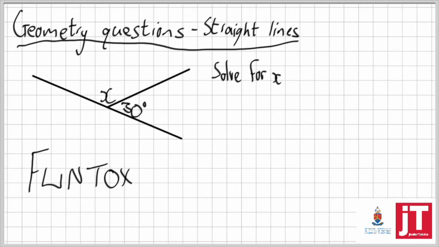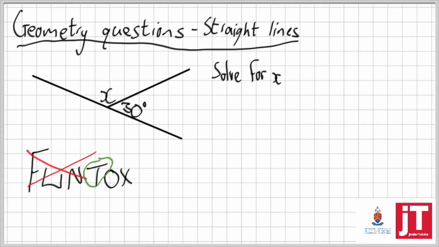Once I've got all the theory that I can use, I ignore the theory that is not applicable. I don't have parallel lines, so I'm not going to use FUN. So I'm narrowing it down from 6 theorems to 3 theorems. Now, if I look at the T, I'm hitting jackpot because they are adjacent angles on a straight line.